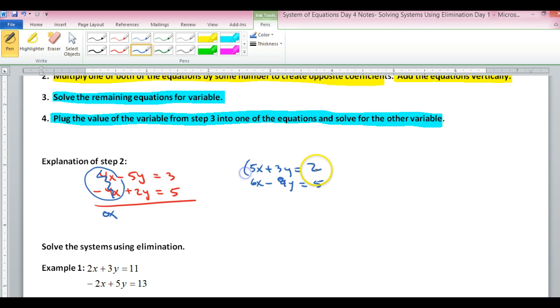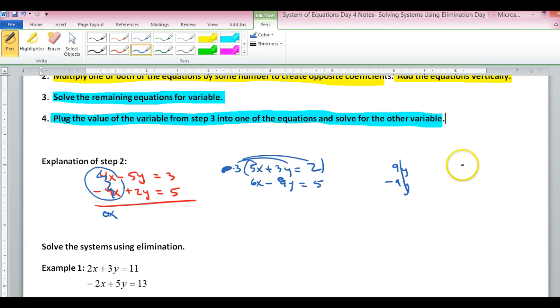So what do we do? Well, if I take the top equation and I multiply it by positive 3, when I multiply everything in there, I would end up with 9y and negative 9y. Those would add up to 0. So we force elimination by multiplying the equations by some number.